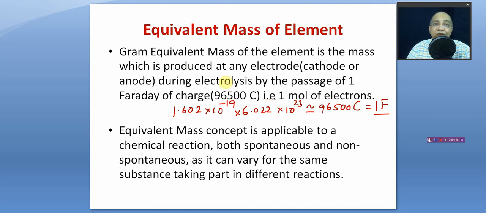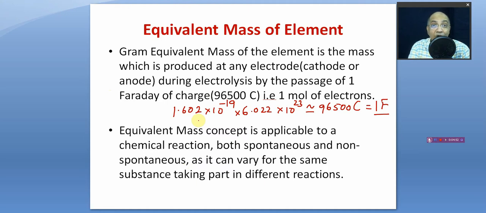By the passage of 1 mole of electrons, that means by the passage of 1 Faraday charge. And equivalent mass concept is applicable to chemical reactions, both spontaneous as well as non-spontaneous. Electrolysis, as we know, is a non-spontaneous reaction.